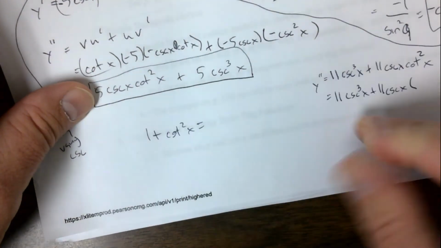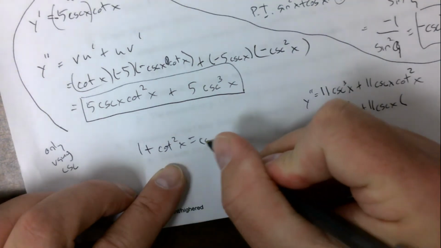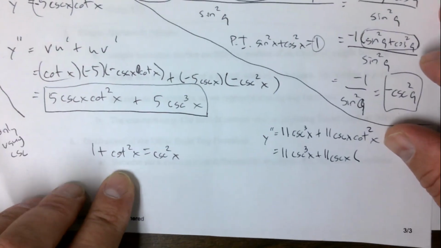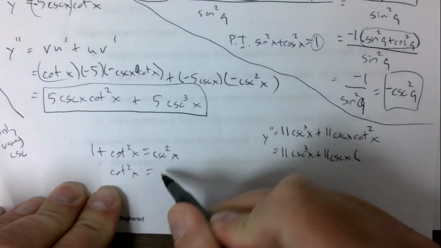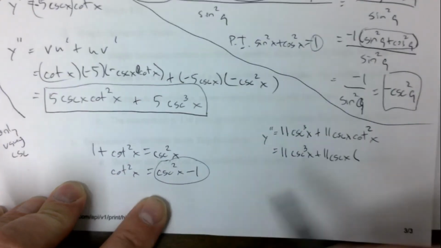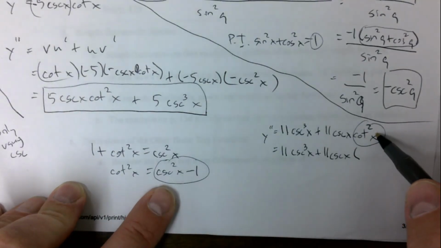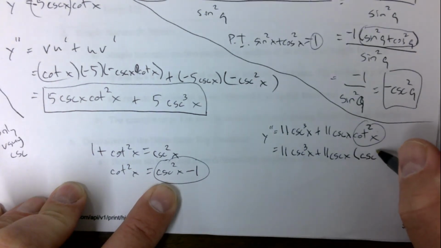One plus cotangent squared x is cosecant squared x. And so if we solve for cotangent squared x, we get cosecant squared x minus 1. Now that's what they're wanting us to do right there. So we change this cotangent squared x to be cosecant squared x minus 1.